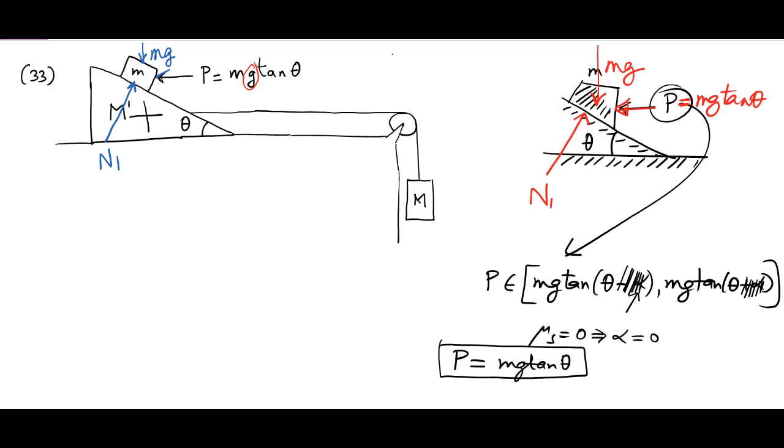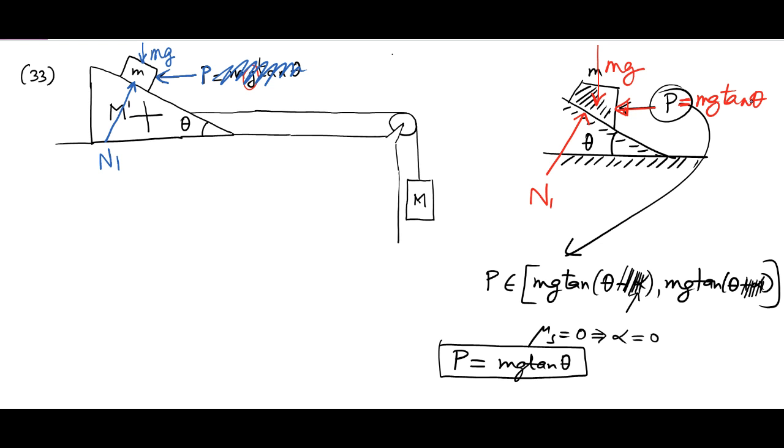And there is a pseudo force, you are sure of that, which we have called P. So even before identifying it with mg tan theta, you just compare this FBD with the one on the right. And another common feature is that M is stationary on the incline in both cases. So directly you can do it by analogy.